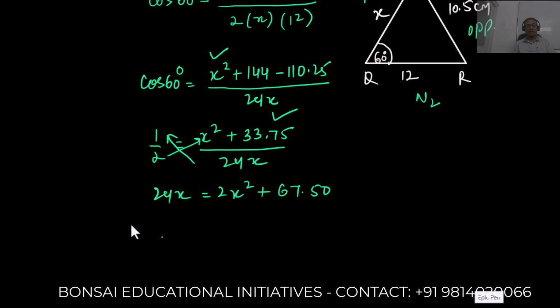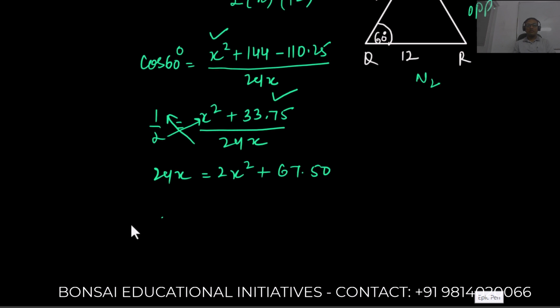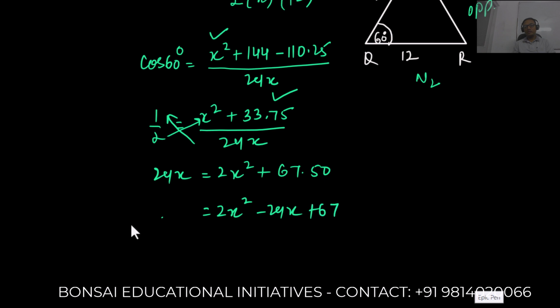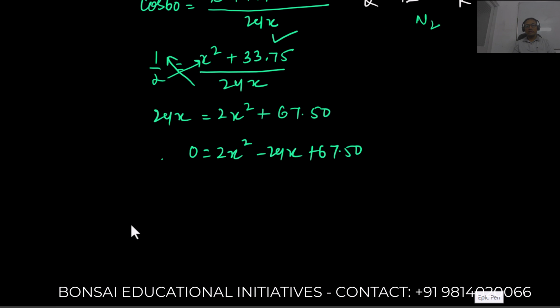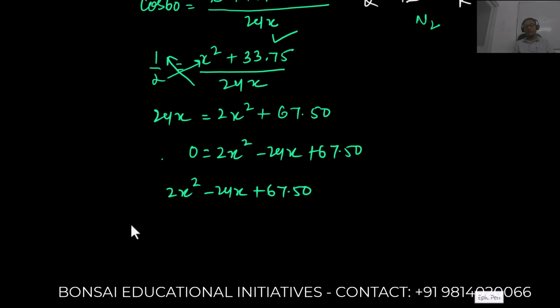Now we have to solve for x square. So let us assume 2x square minus 24x plus 67.5 equal to 0.